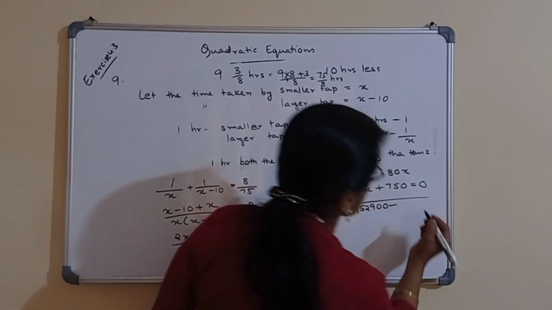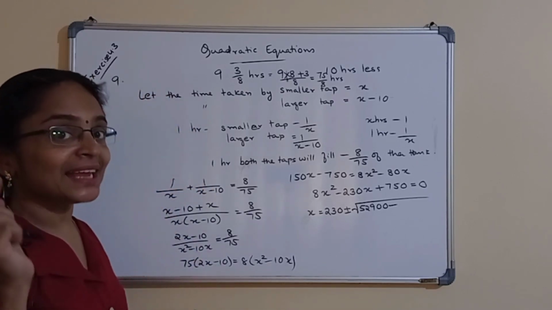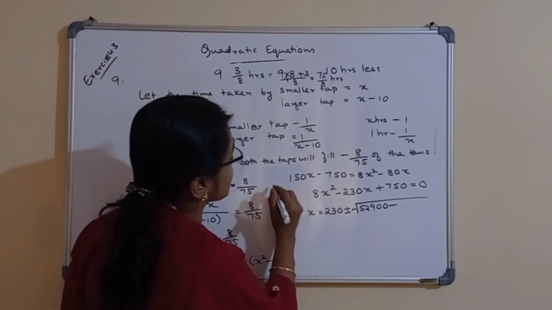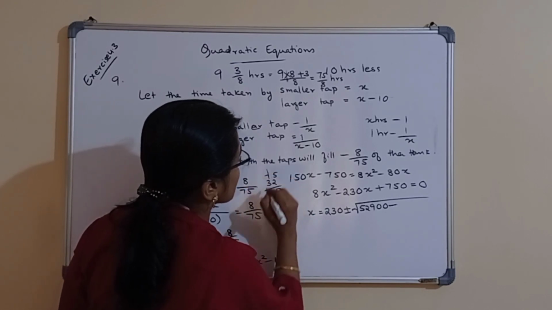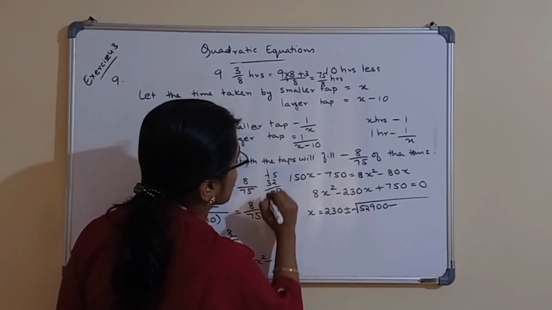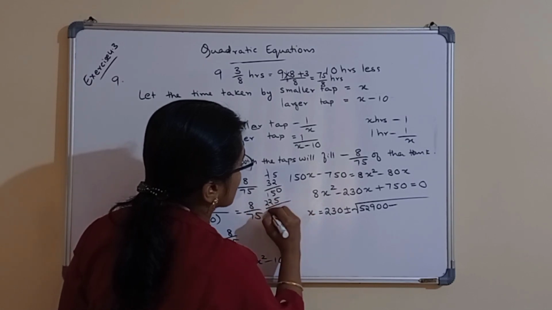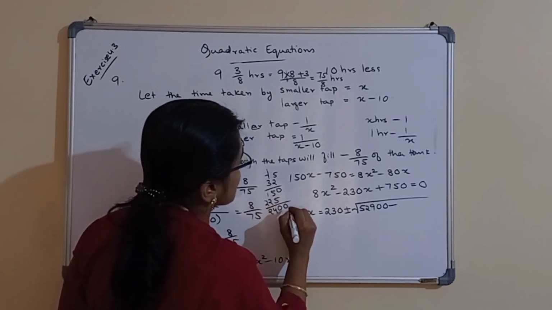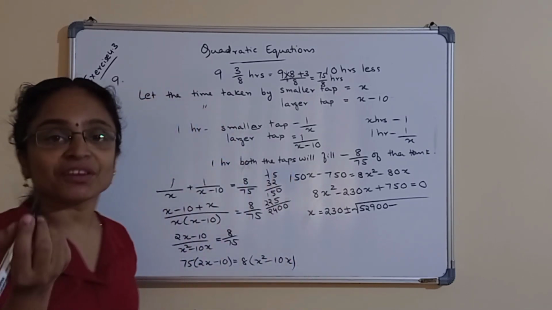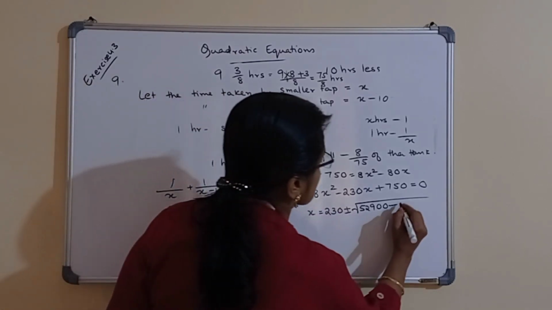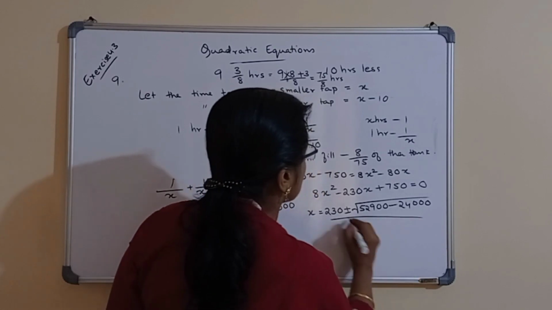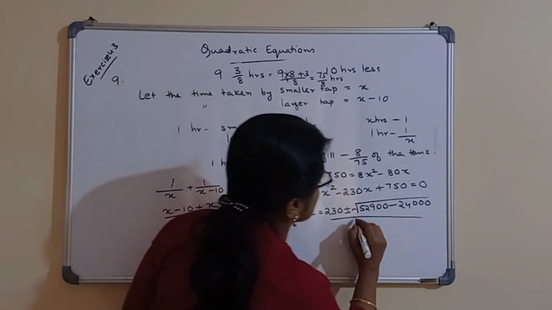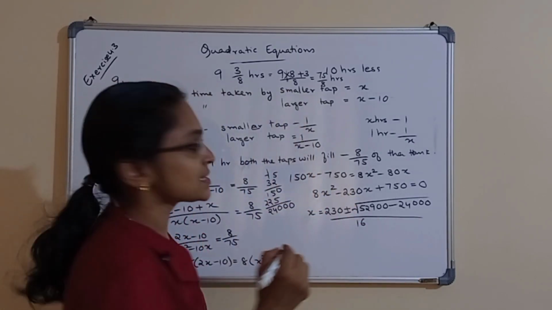529 minus 4 into a into c. That is 4 8s are 32, 32 into 750. So we will get 24000, then 2 into 8, 2a is 2 into 8, which is 16.